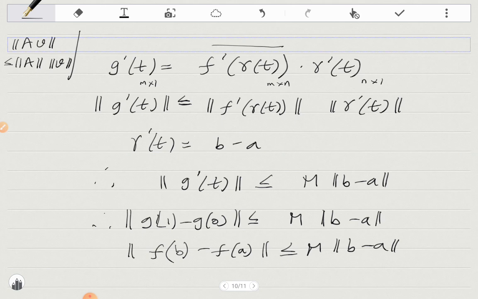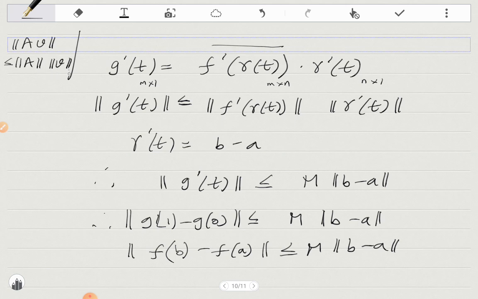The thing is that one has this nice property from the definition of the operator norm, that the norm of Av is less than or equal to the operator norm of A times the norm of v.